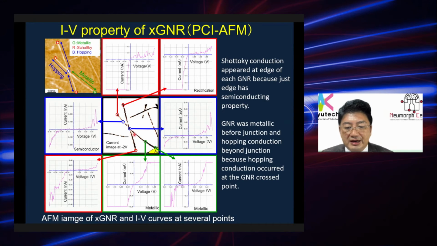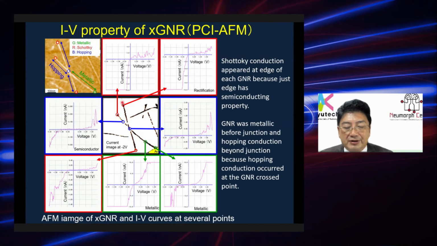Where the GNR is connected directly to the electrode, we could get a metallic conduction like this, the green one. But beyond the cross point, it changed to the hopping conduction like this.